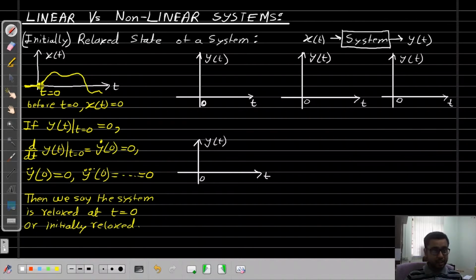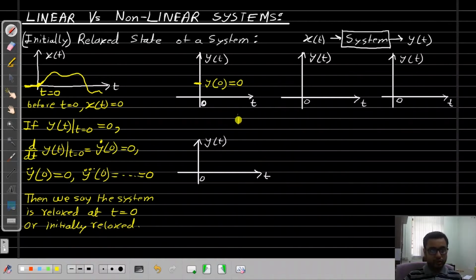Input starts at t equal to 0. However, if the output at t equal to 0 or slightly before that is non-zero, say it is like this, so y of 0 is non-zero, then this system is not in initially relaxed state.